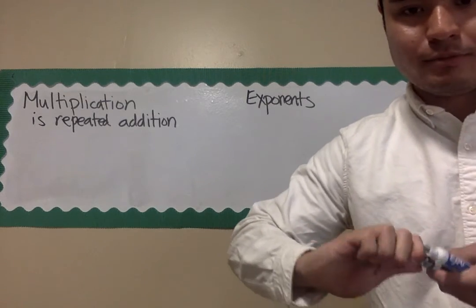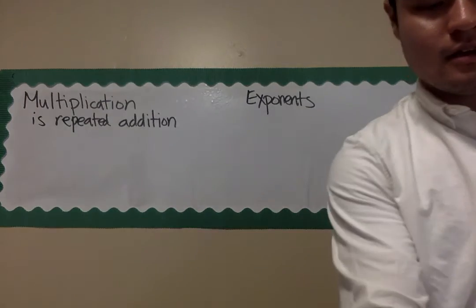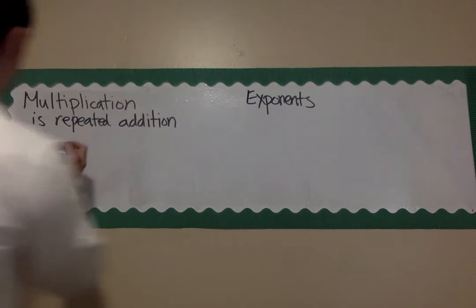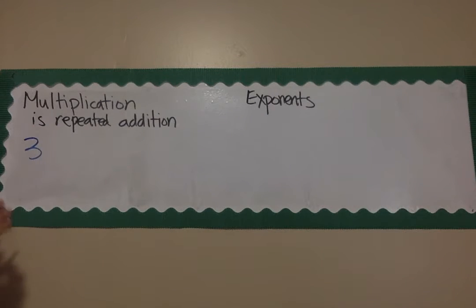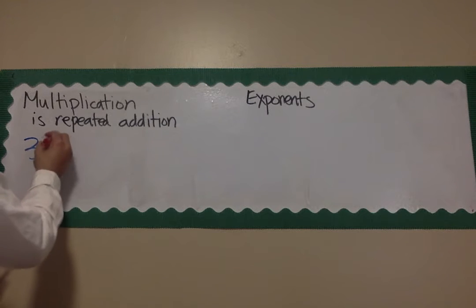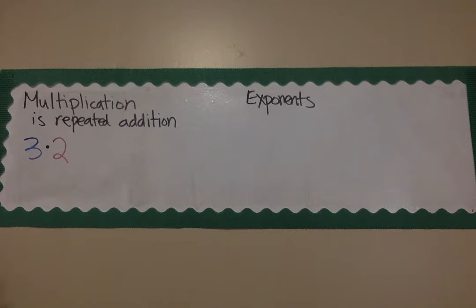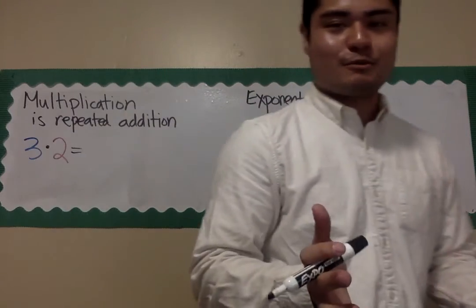The first example is 3 times 2. We all probably know that 3 times 2 equals 6. But why does it equal 6?